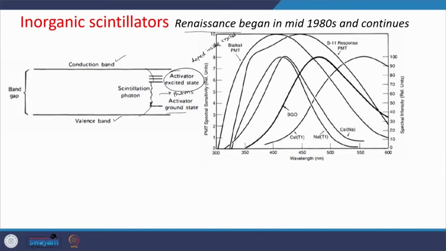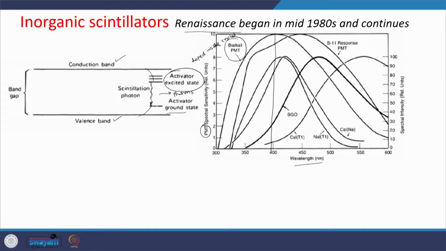Now, the optical photons emitted from this crystal have to be coupled to an efficient photosensor. What kind of photosensors have to be used? For example, the widely used photosensors are bialkali photomultiplier tubes, and if you see the spectral sensitivity of the PMT, with sensitivity on the y axis and wavelength on x axis, there should be a matching between the maximum wavelength of the photons emitted by the scintillation crystal and the wavelength for which the PMT spectral sensitivity is maximum.